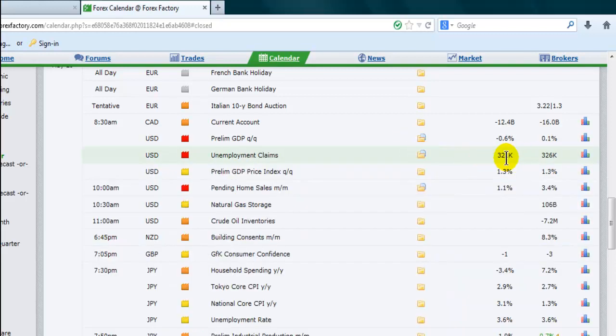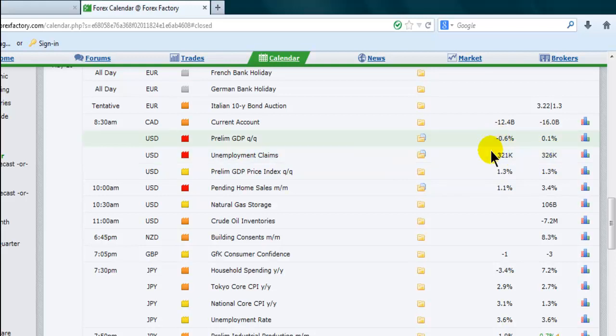So here, for next week, you see the previous figure is 326K. The K represents 1,000, so 326,000 people filed for unemployment claim the previous week.